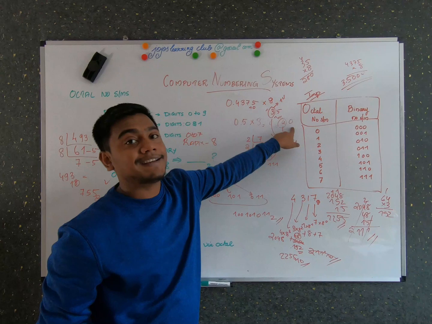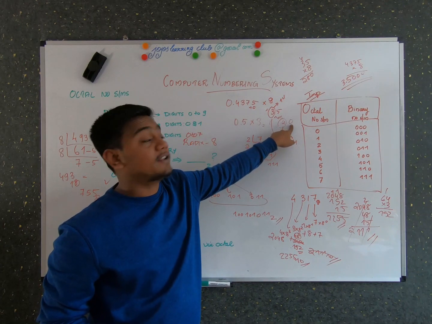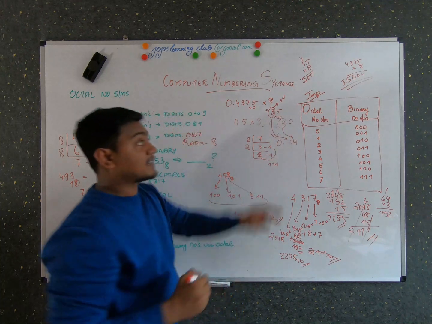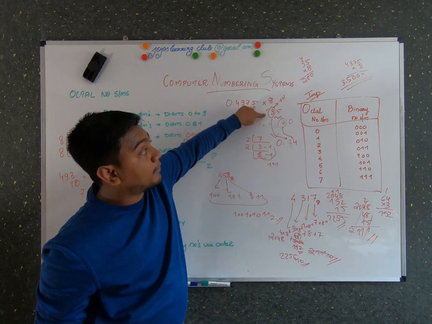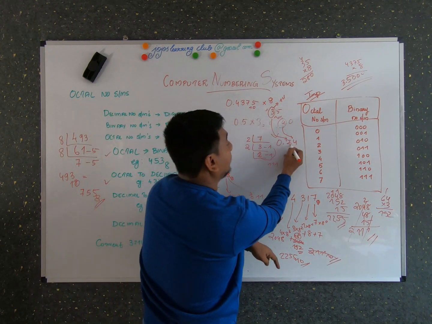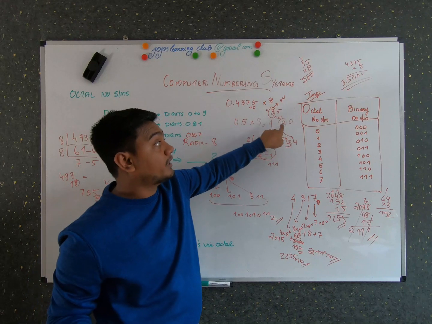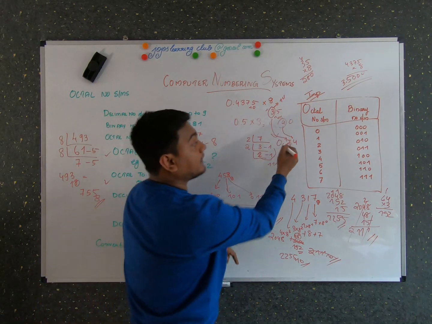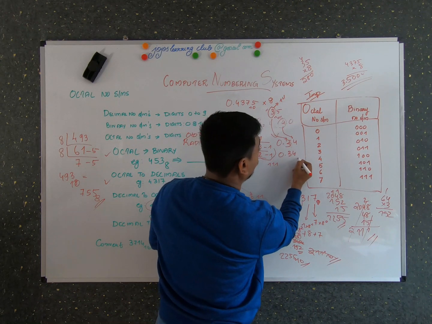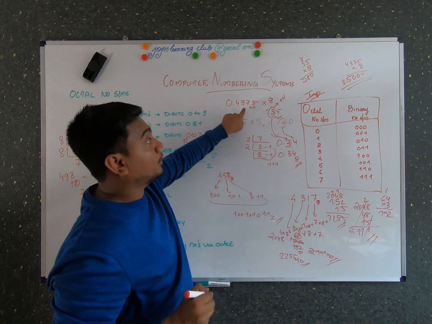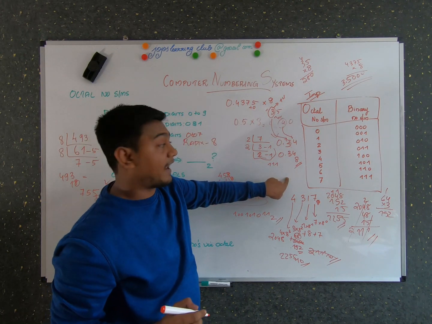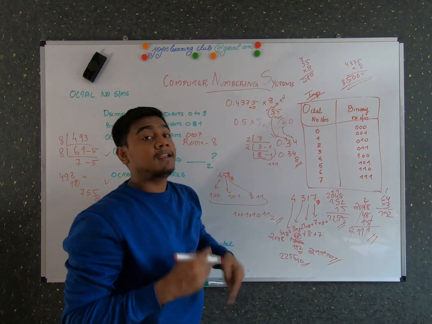Now it is 4, and the fractional part is 0, so it ends. Now start from the top to the bottom. The first number is 3, and the next number is 4. So just write those down. The answer would be 0.34 to the base of 8. So to convert a decimal fraction to an octal fraction, you just have to multiply by 8.